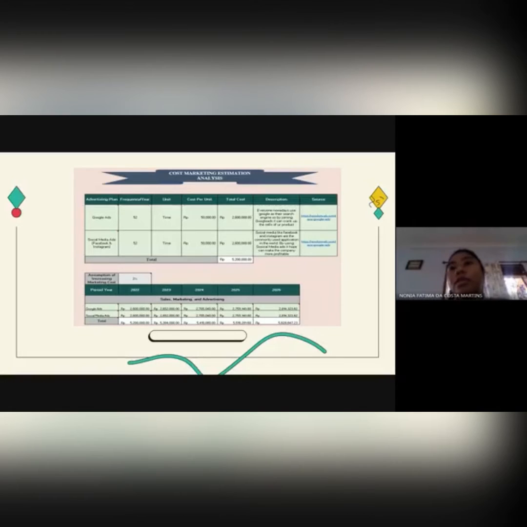We got the total cost of 2,600,000 rupiah, and the overall total from Google Ads and social media is 5,200,000 rupiah.